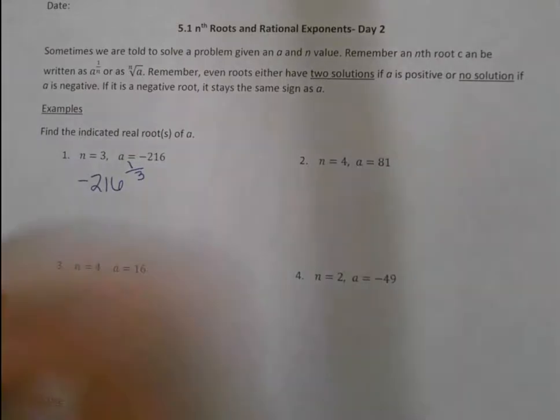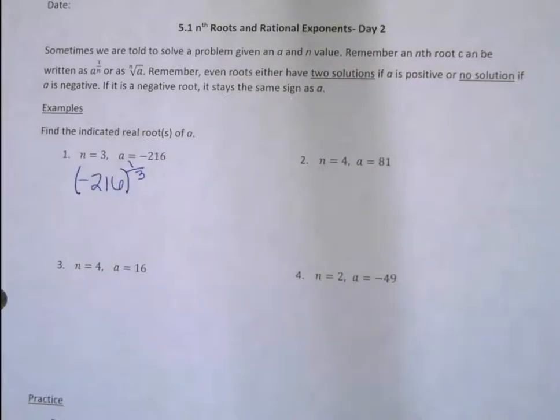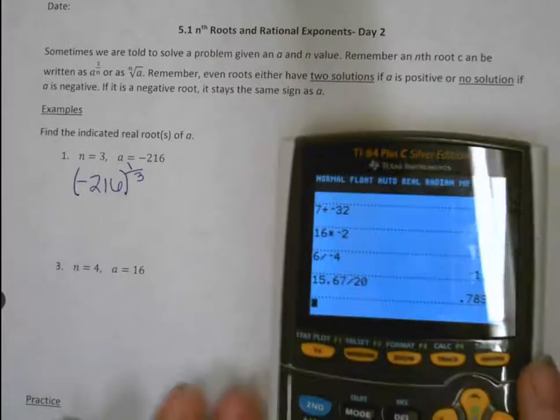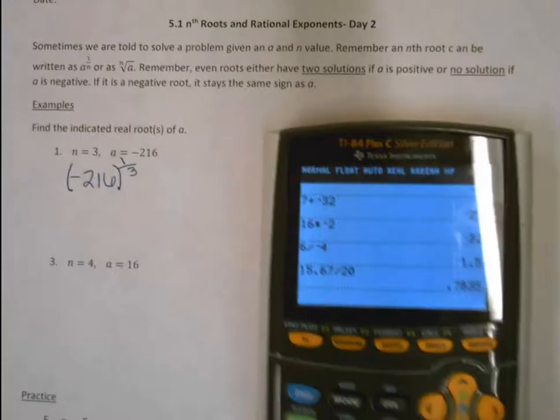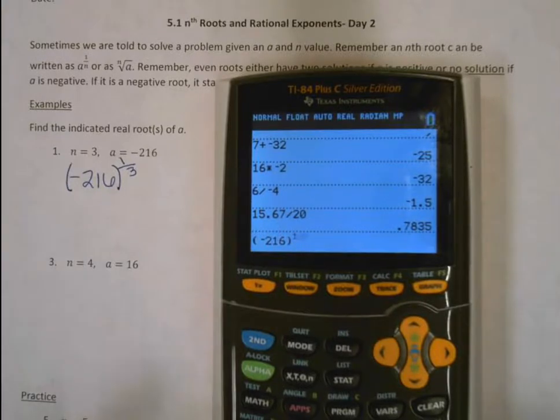So what I'm going to do is, if it's a negative, I'm going to make sure it's in parentheses. And then I'm going to type it into the calculator. I'm going to do parentheses negative 216 to the 1/3 power, like that.